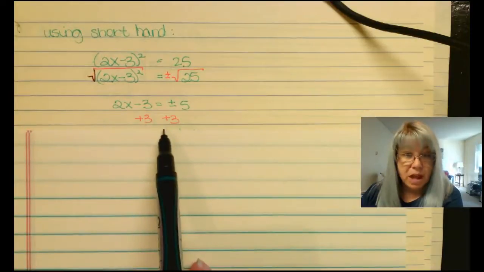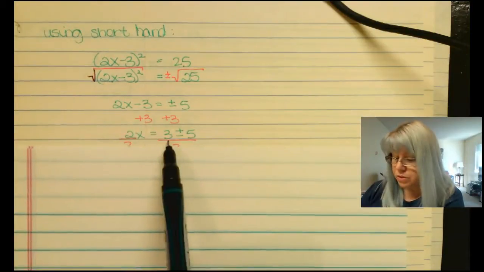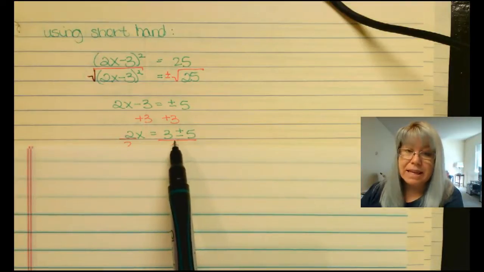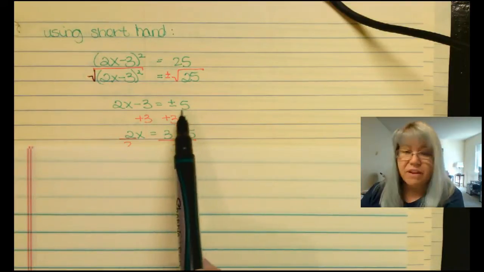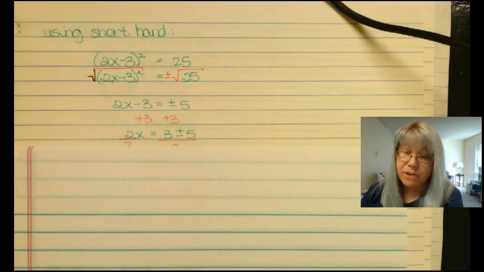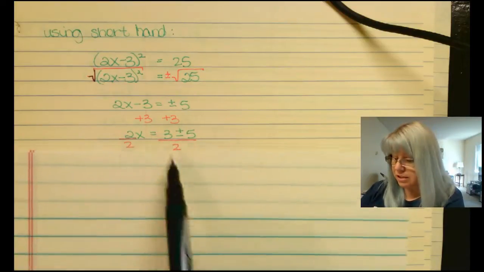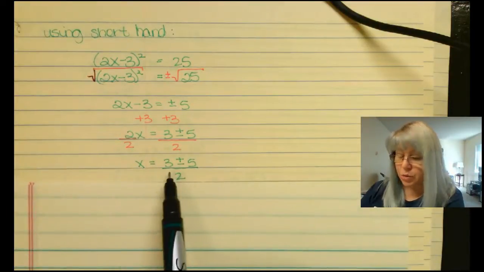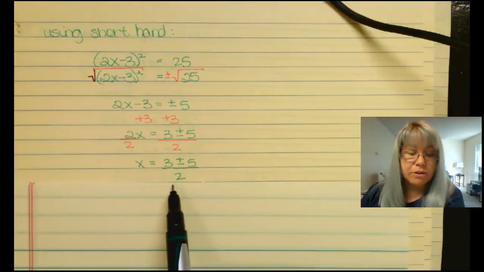Add 3 to both sides. 2x equals 3 plus or minus 5. Because it's plus or minus, I can't just add 3 to the 5. I have to keep it separate for now. Divide by 2 on both sides. So I get x equals 3 plus or minus 5, all over 2.